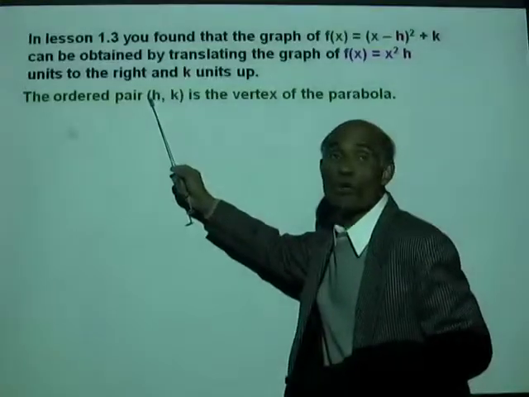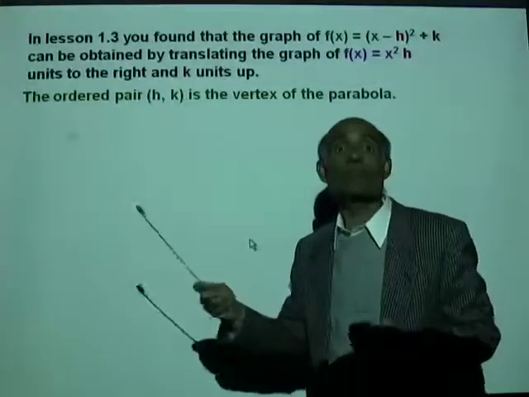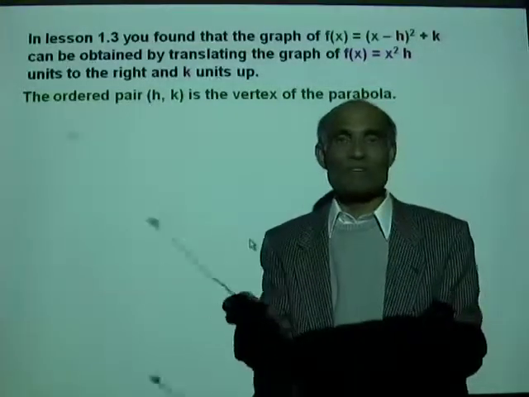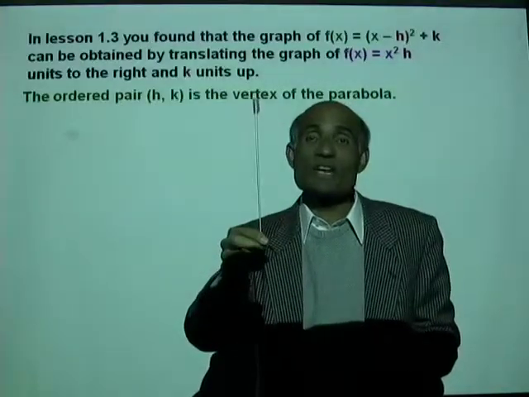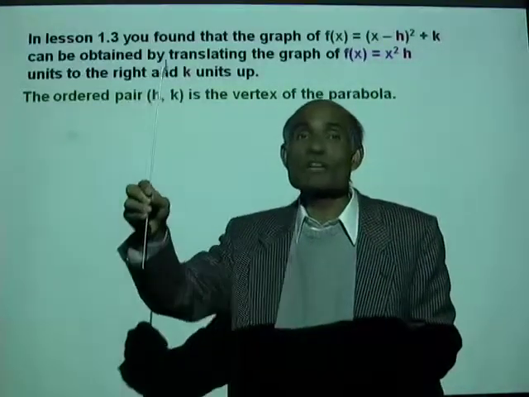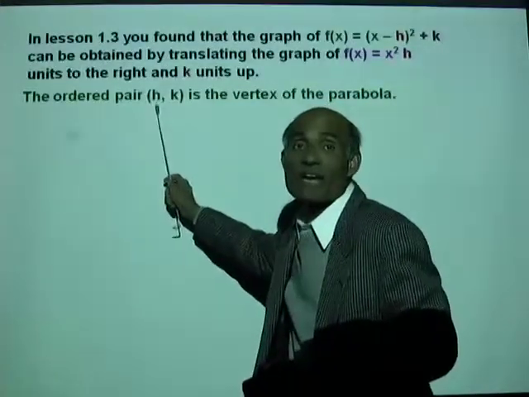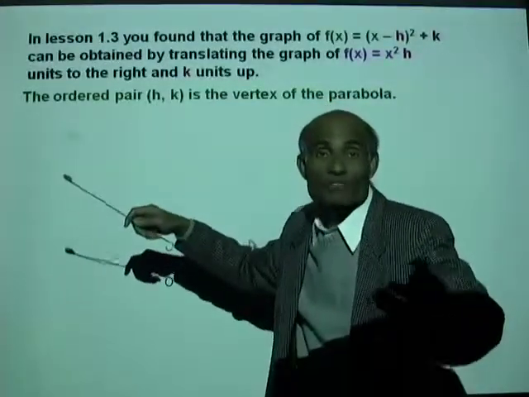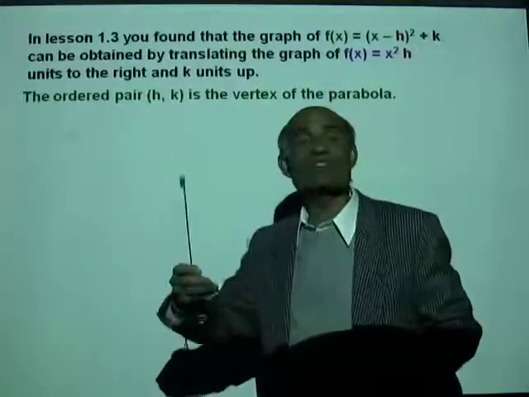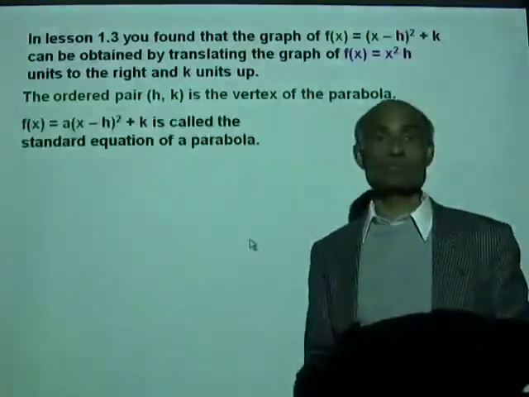Then the ordered pair h, k will be the vertex, where h is the x-coordinate of the vertex and k is the y-coordinate of the vertex.